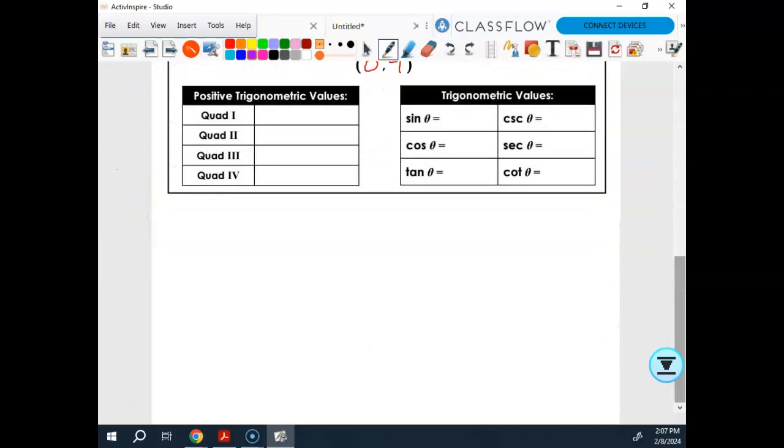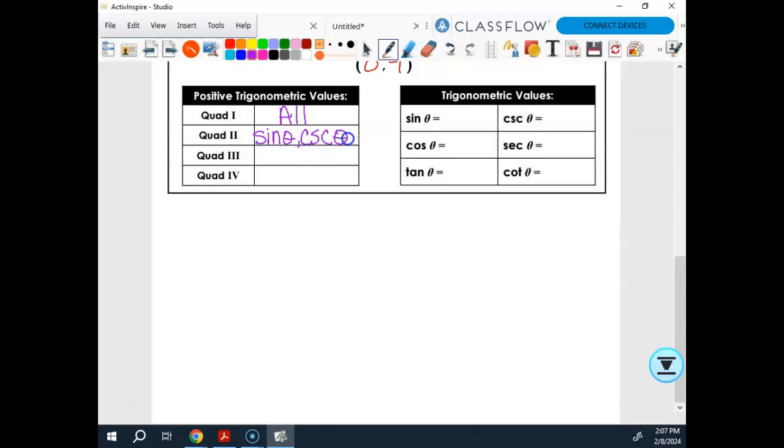So we just said that in quadrant 1, they are all positive. What is positive in quadrant 2? Sine. Sine and its reciprocal. What's the reciprocal of sine? Cosecant, yes.